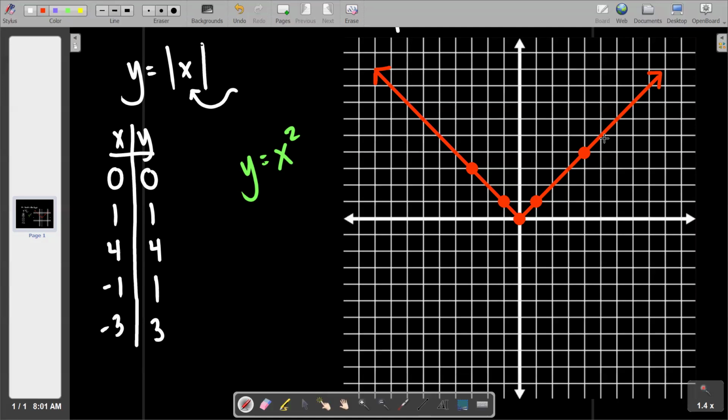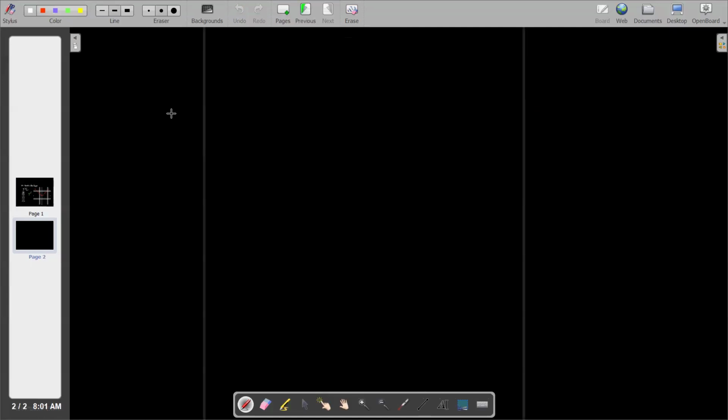Okay. So what we need to do now is talk about what happens when we start modifying. You could make this as difficult as you want, but I'm going to try to make it as simple as I can. So we're going to see 4 different types of what we call transformations. The first one is we're going to leave the absolute value alone, but we're going to stick a modifier at the end of it like this. Notice that the modifier is not a part of the absolute value.